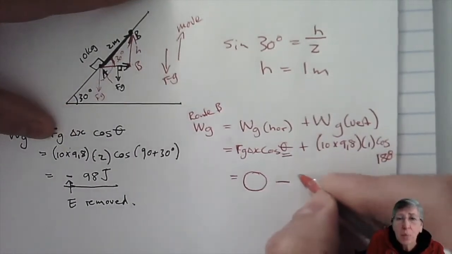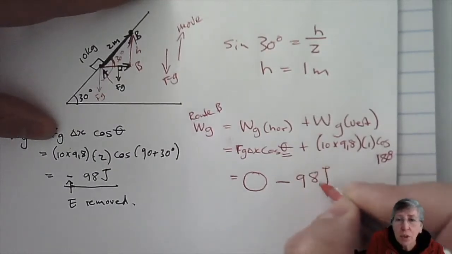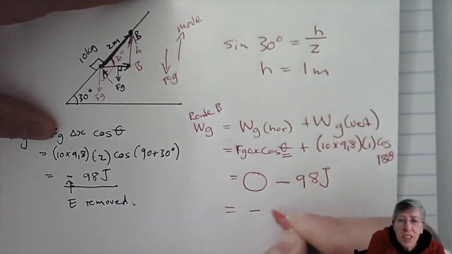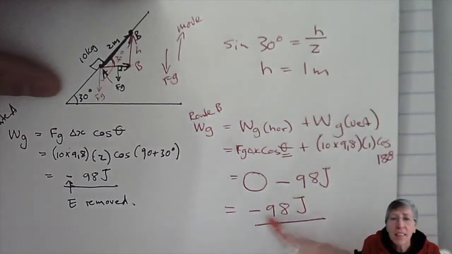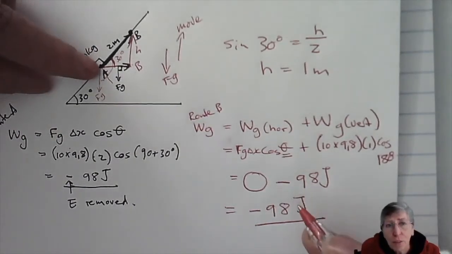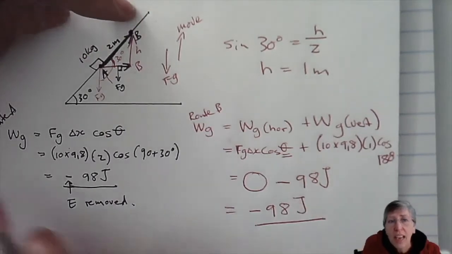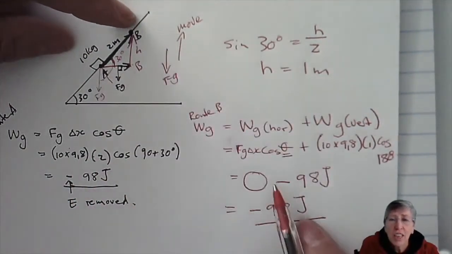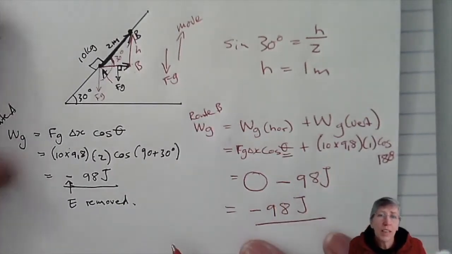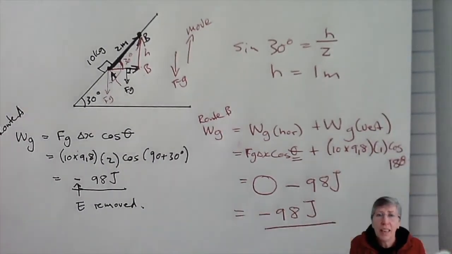So I end up with minus 98 joule. And the total energy needed for this journey is also minus 98 joules. So it doesn't matter if I move in a straight line, route A, or I move route B, the work done by gravity will be exactly the same.